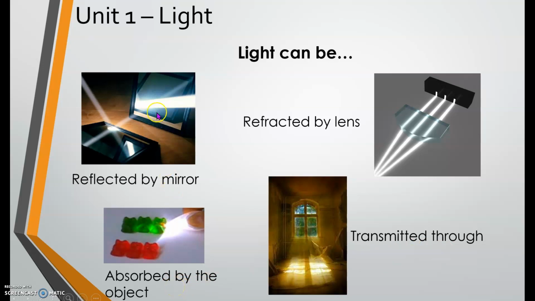We can see the light is reflected by the mirror. It is refracted by the lens. This line is a straight line. When it travels in the lens, it is refracted or bent. The light is bent. And when the light is transmitted through, we can see the light inside as well. Or absorbed, the light is absorbed by the object.